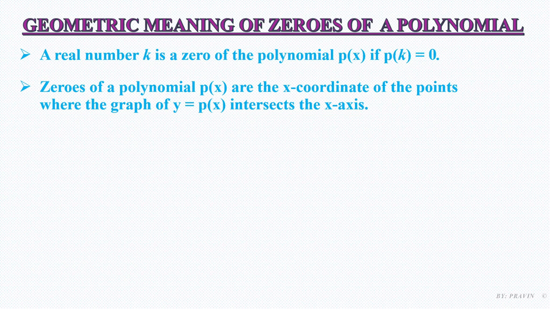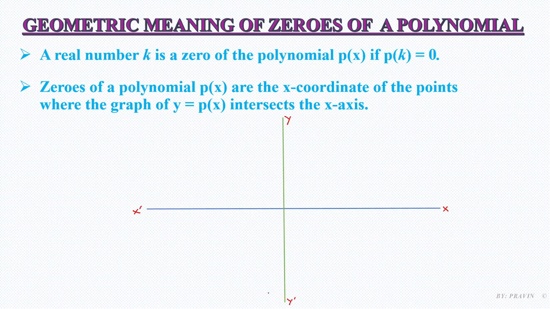Let's try to understand this sentence with the help of a graph. Say this blue line is the x'-axis, meaning the x-axis. This green line is the y'-axis, meaning the y-axis, and this black line is a graph of a polynomial. Since this black line is a straight line, obviously this will be the graph of a linear polynomial.